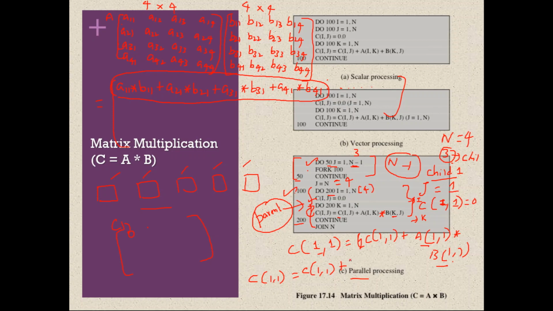Now what will it calculate? It will calculate a12. Okay, i is same, but j is changing. a12 into b21.